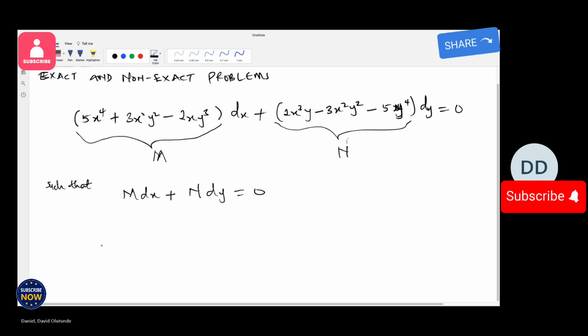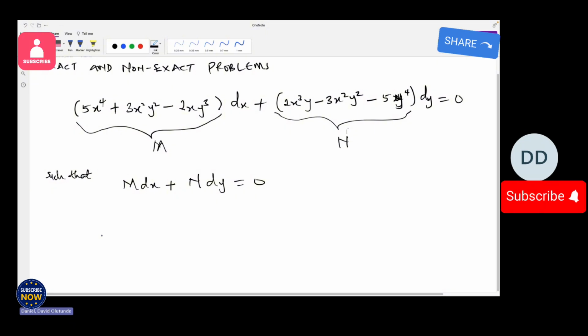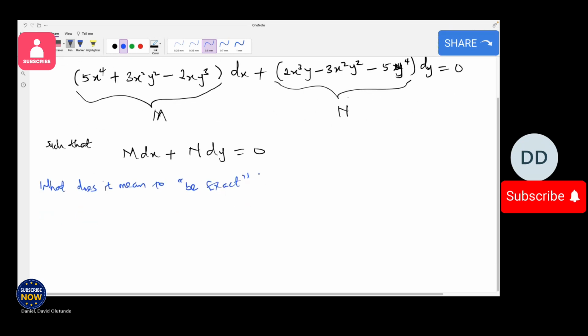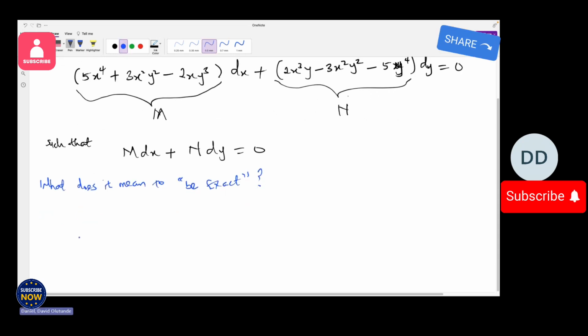Now, what is the first thing to look out for if you've decided that since I cannot apply separation of variables or the Bernoulli equation, now I'm to use a new method? What does it mean to be exact?